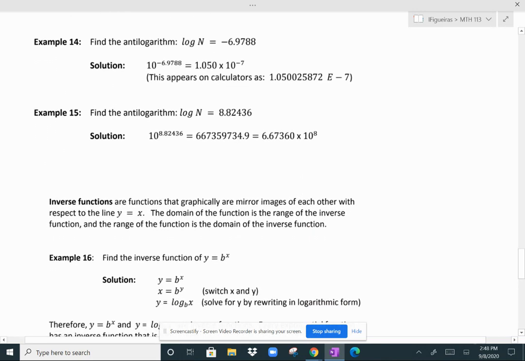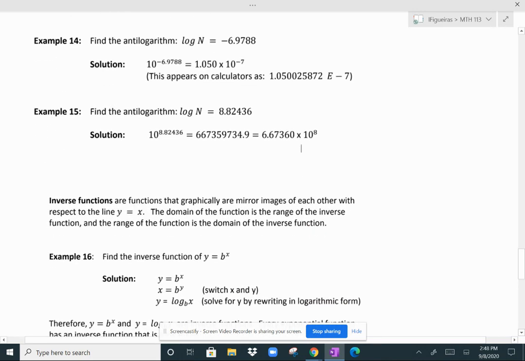So just as a reminder, inverse functions are functions that when they're graphed, they are mirror images of each other with respect to the line y equal to x. The domain of one of the two inverse functions will be the range of its inverse, and the range of the first function is the domain of its inverse.